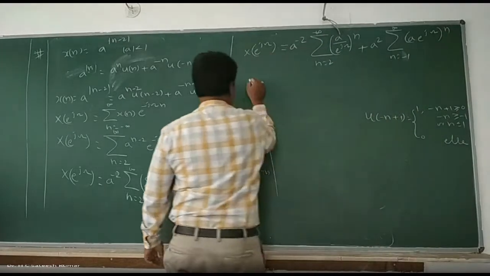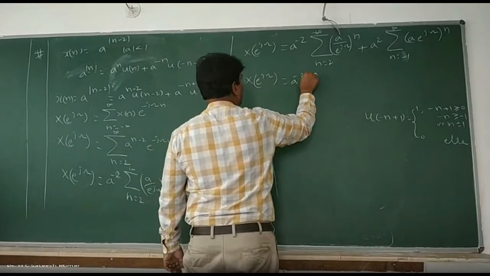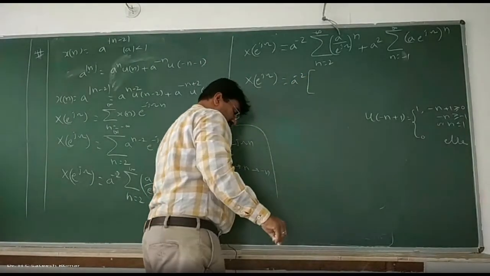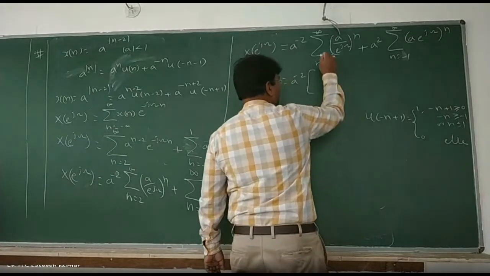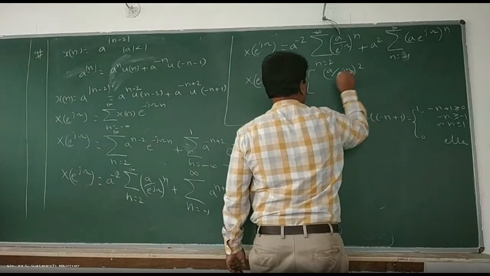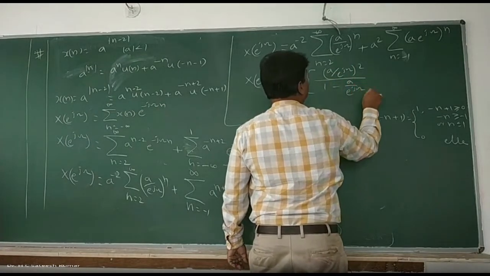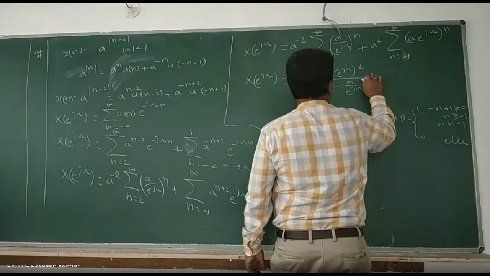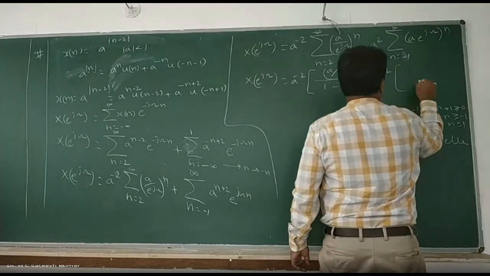Now, X of e to the power of j omega is equal to a to the power of minus 2 into, from 2 to infinity, a divided by e to the power of j omega whole square divided by 1 minus a divided by e to the power of j omega, plus a square into, what will you get?